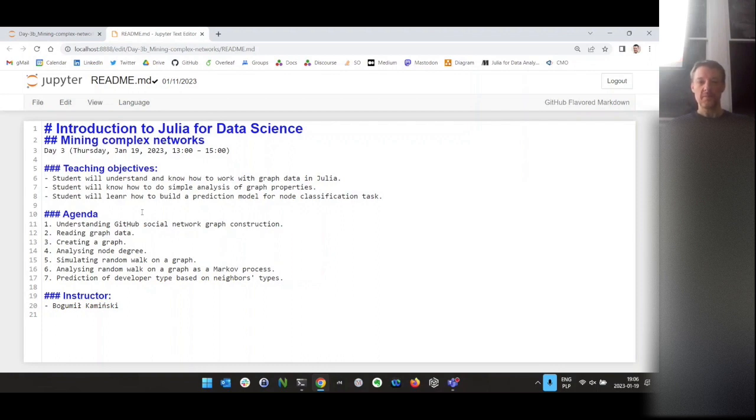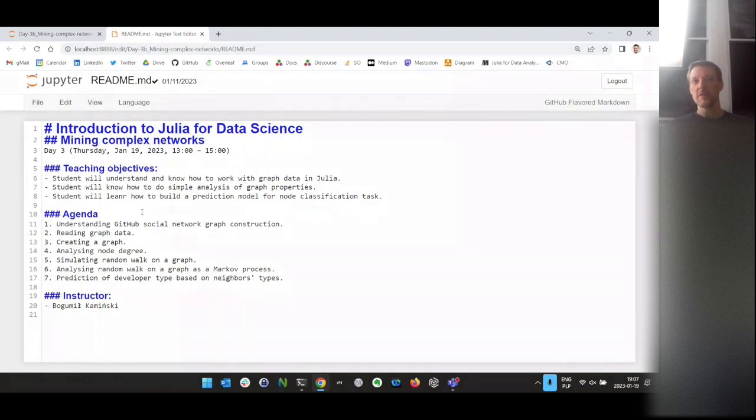So first of all, what is a graph? Graph is a mathematical representation of networks, and the network consists of two types of objects. One type of objects, so-called nodes, are elements that are the backbone of the graph, and the other element are edges, and edges connect nodes.